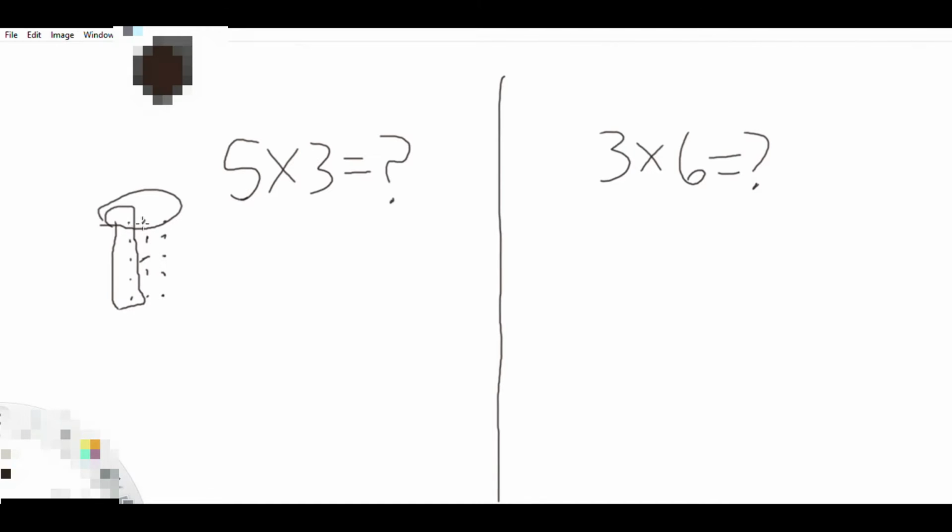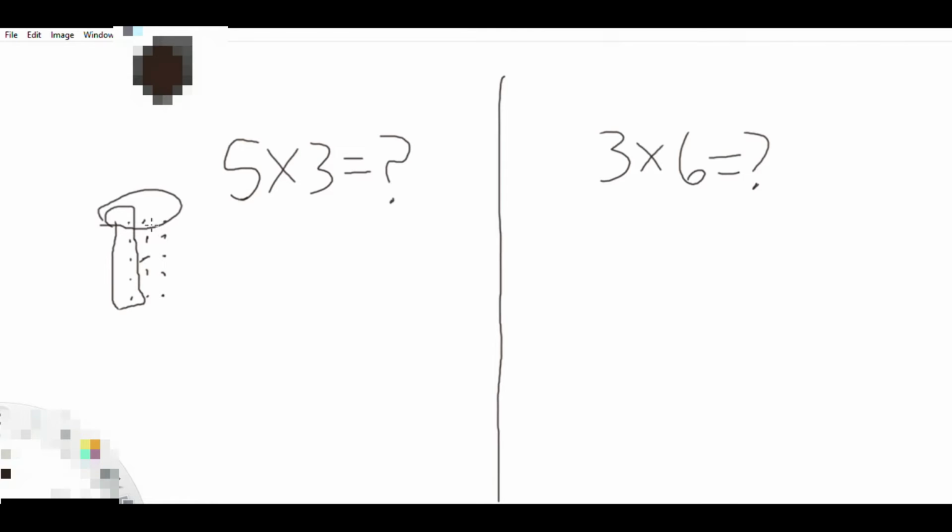So let's count to prove this is 5 times 3. What is the answer? 1, 2, 3, 4, 5, 6, 7, 8, 9, 10, 11, 12, 13, 14, 15. So this is 5, and you go 5, 3, 3, 3.